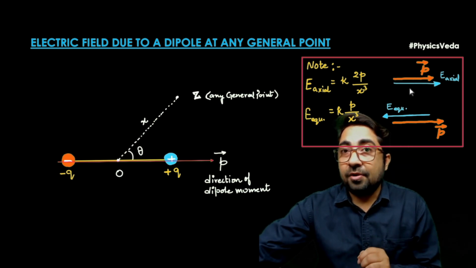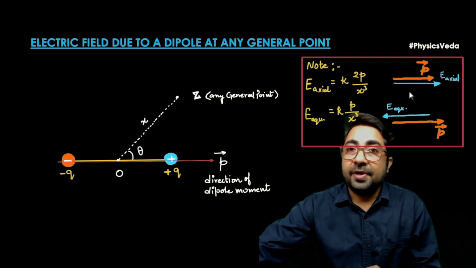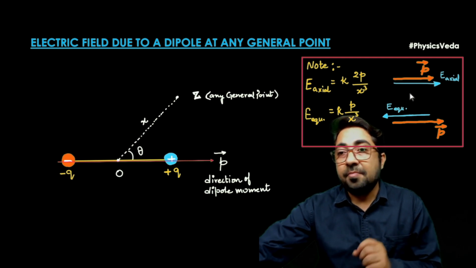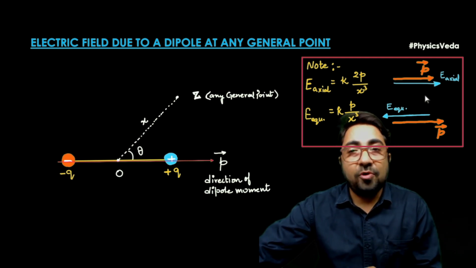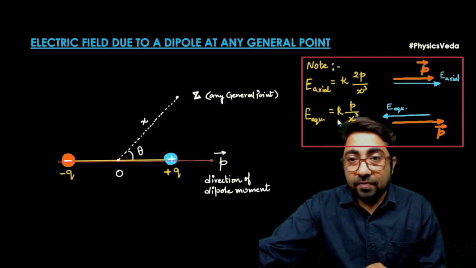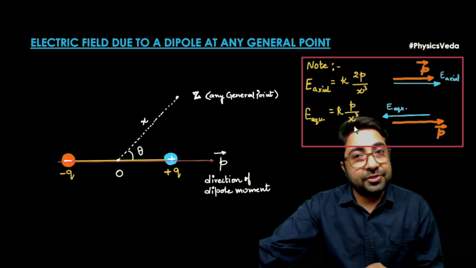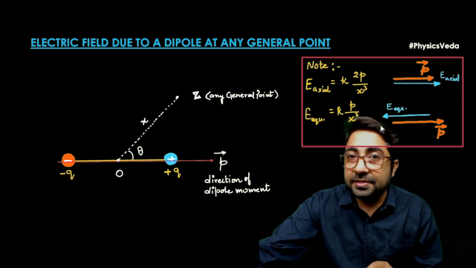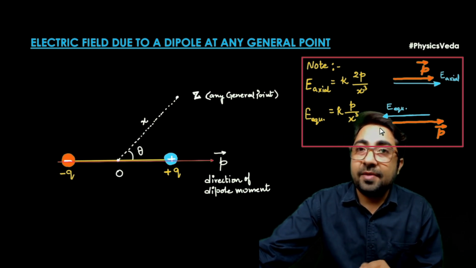And the direction of the electric field at the axial point is parallel to the electrical dipole moment. And the electric field for the equatorial line is equal to k p upon x cube, and the direction is opposite to the electrical dipole moment.